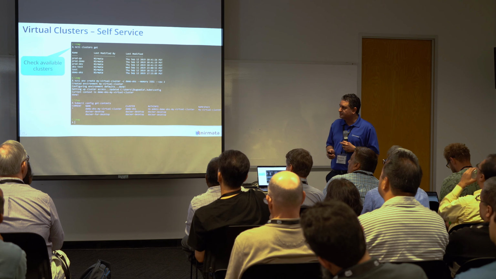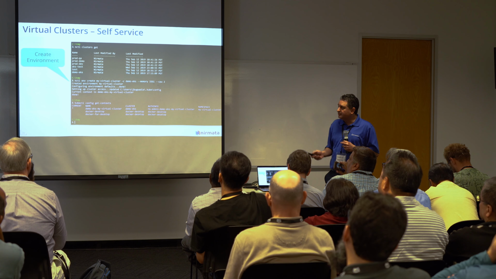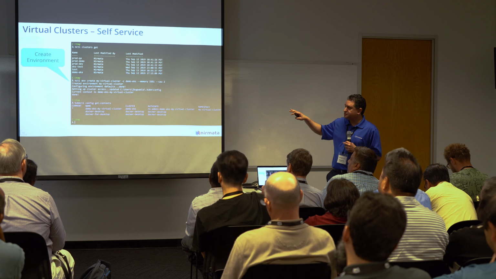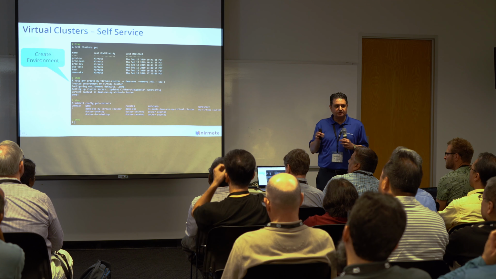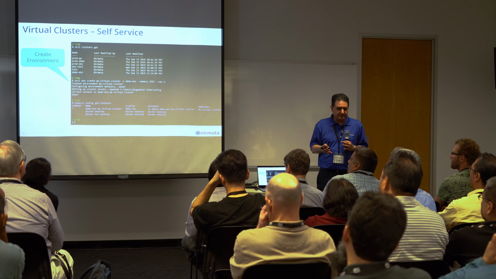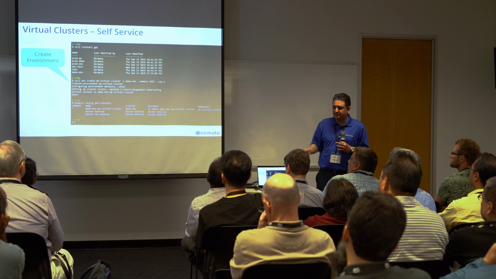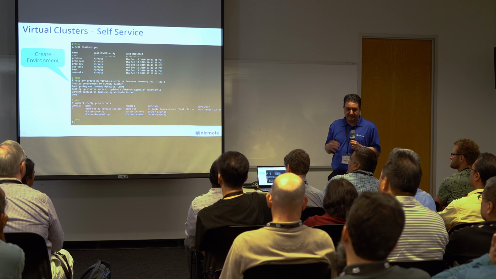And then what I can do is I can say, create a new virtual cluster, right? And notice here, the advantages, all I have to specify is I want 2 vCPUs and 32 GB of memory. Other than that, I don't care about provisioning Kubernetes, managing Kubernetes. My ops team is going to take care of that for me.